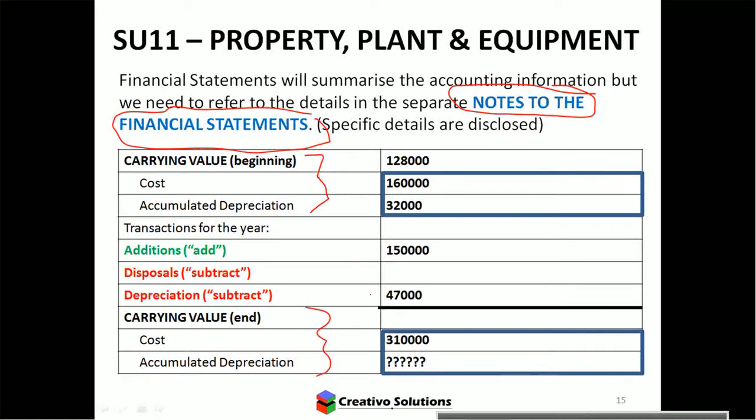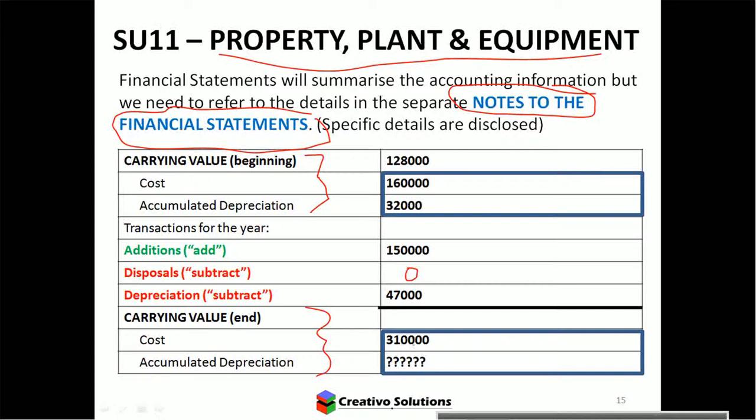Right, so when looking at depreciation, I know that property, plant, and equipment is going to have what? An opening balance. Movements during the year. So I'm either going to buy more, I'm going to sell some of it, or I'm going to depreciate it. Here I've given obviously no disposals, I've given additions, and I've given depreciation.